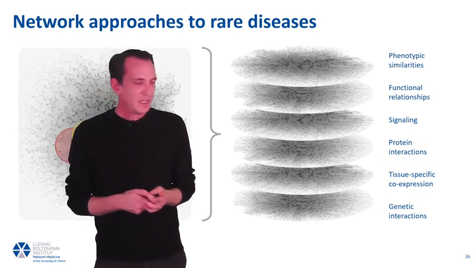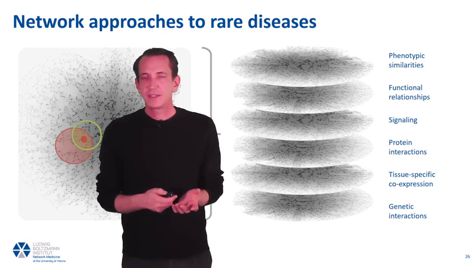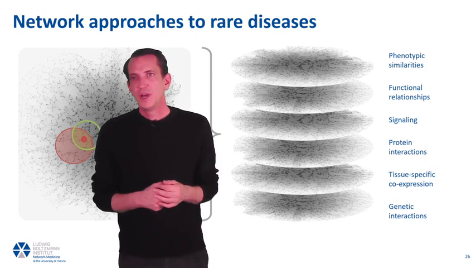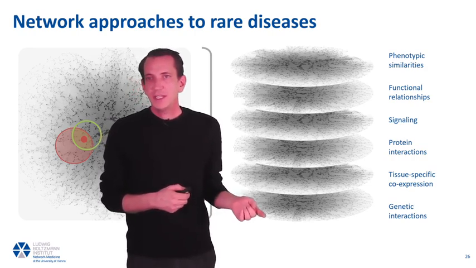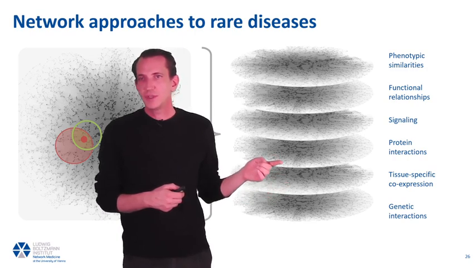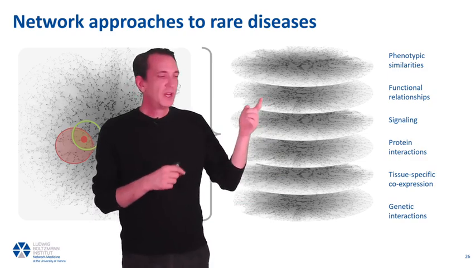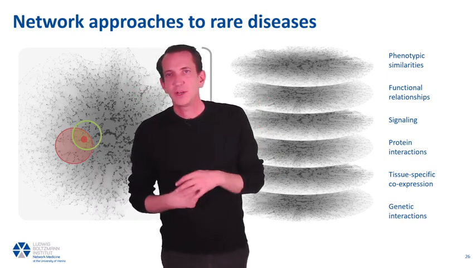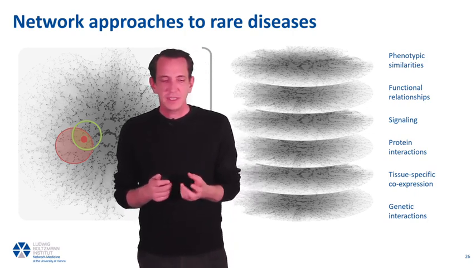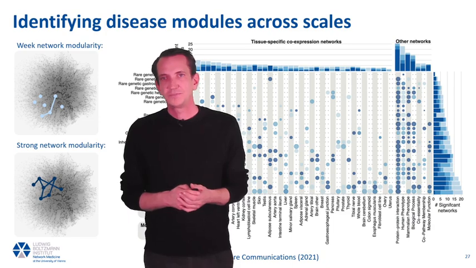And for that, we built a multiplex network of dozens of layers that represent different relationships that are relevant to the human biology, from genetic interactions to also co-expression networks, of course, protein interactions, signaling within cells, between cells, but also functional relationships, shared biological processes, all the way to phenotypic similarities in the consequences of genetic mutations.